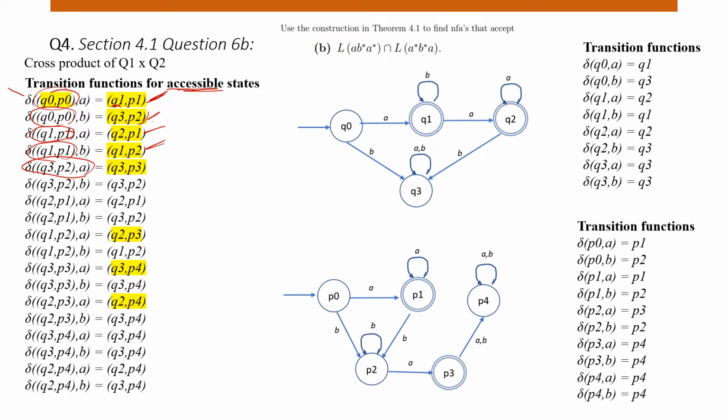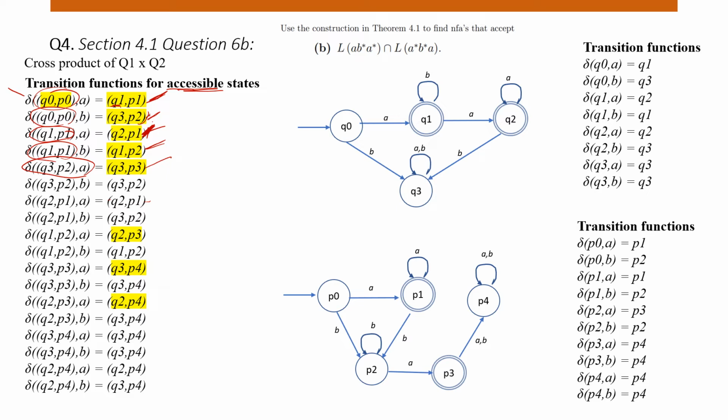And from Q3, P2, we're going to get to Q3, P3. And then just keep going down from Q3, P2 with a B. You go back to the same state, Q2, P1. We already have Q2, P1. If you notice, it's already right here. So that's not going to be a new accessible state.